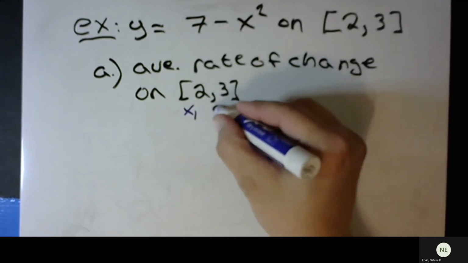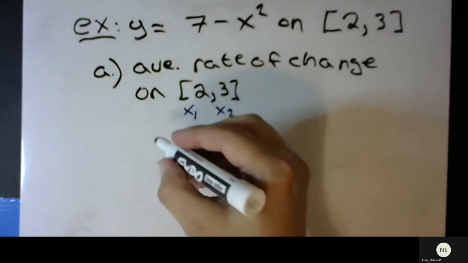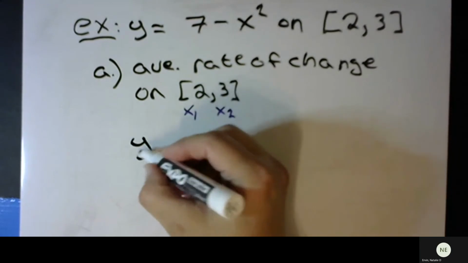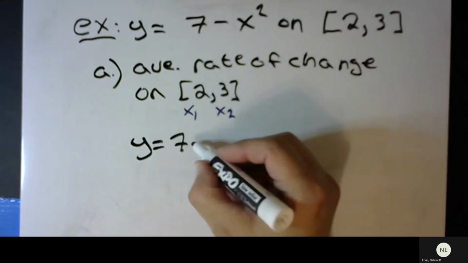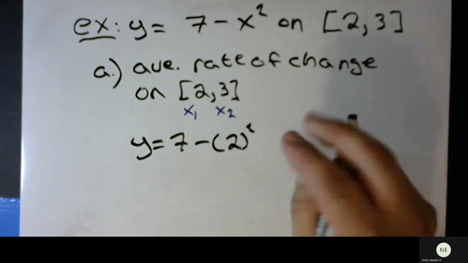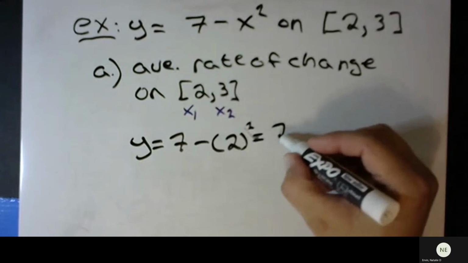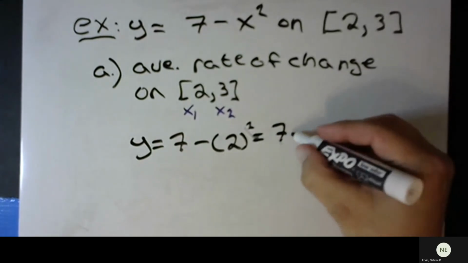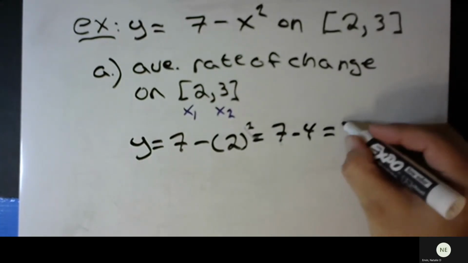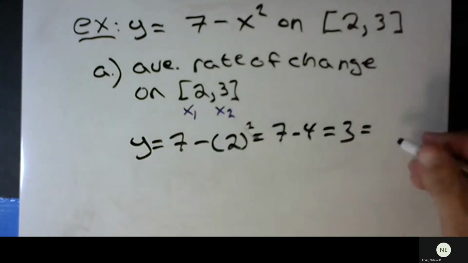That's your x1 and that's your x2. And then y equals 7 minus, let's go with x1 first. Well, with x1 goes a y1.